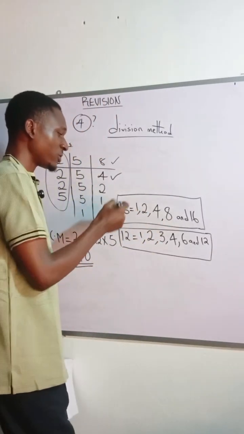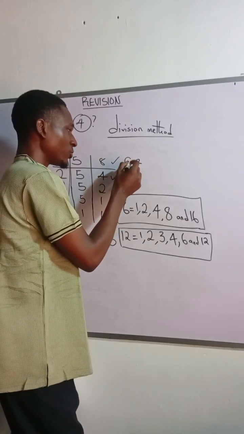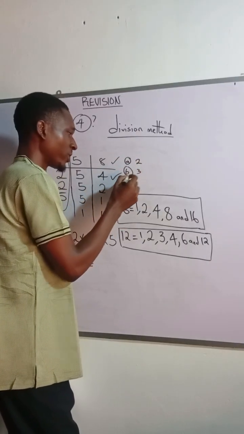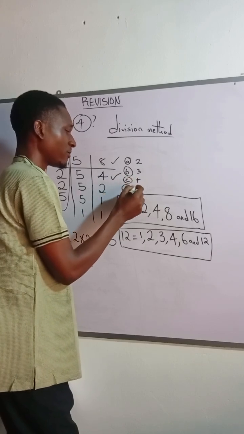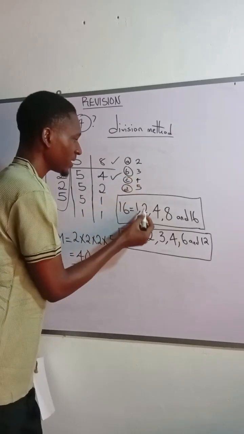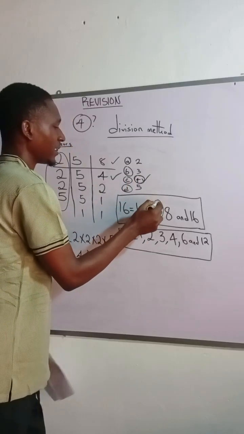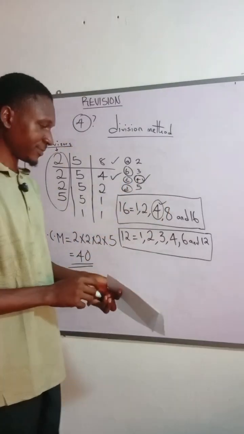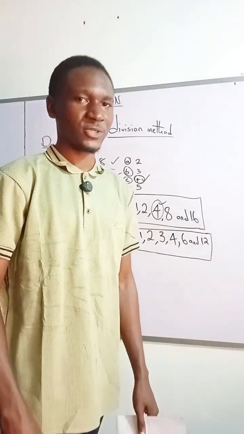If I ask you which of the following is a factor of 16 and my options say option A 2, option B 3, option C 4, and option D 5, when you check, you see that the only factor you can see here is 4, and then 4 would be your answer. Now, after factors, of course, the next thing is common factors.